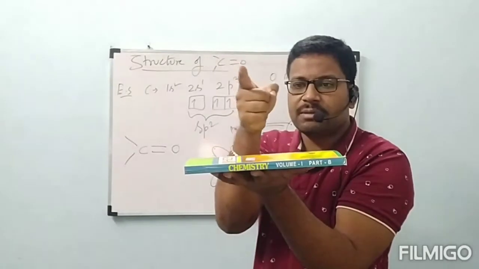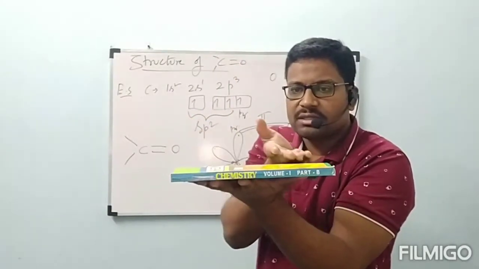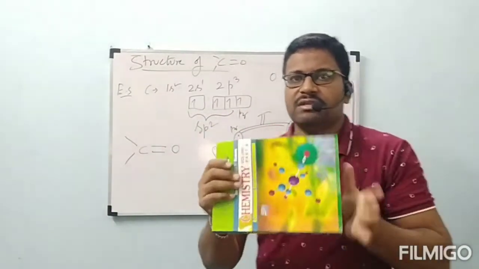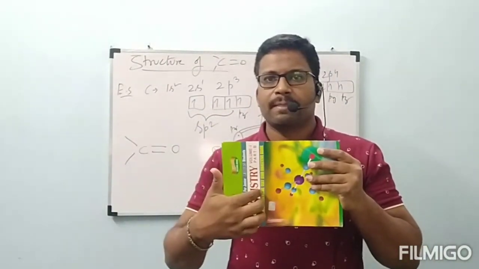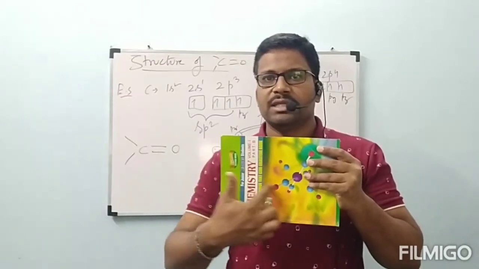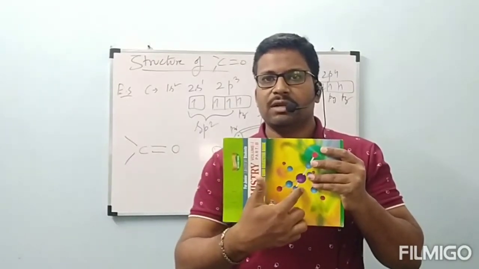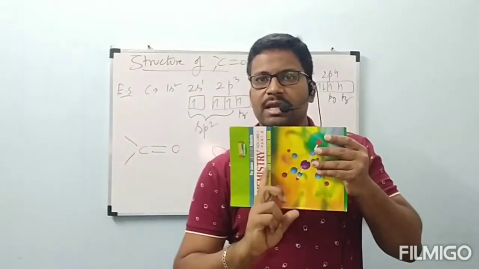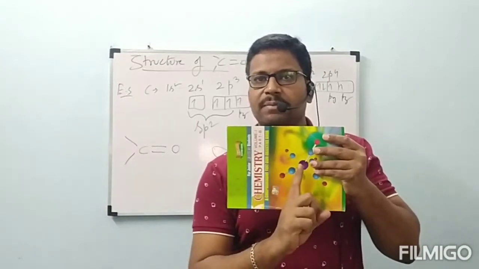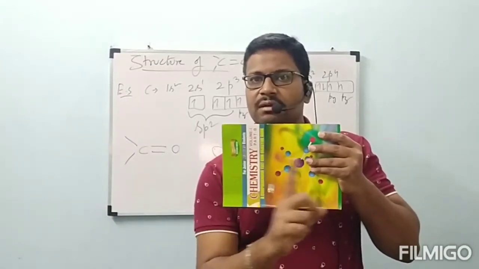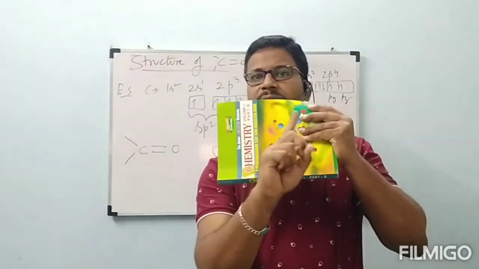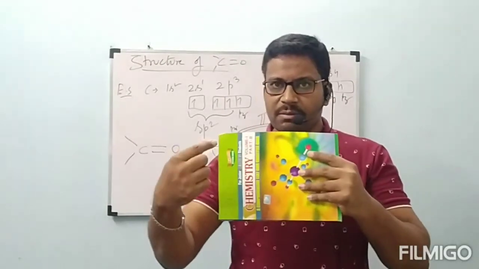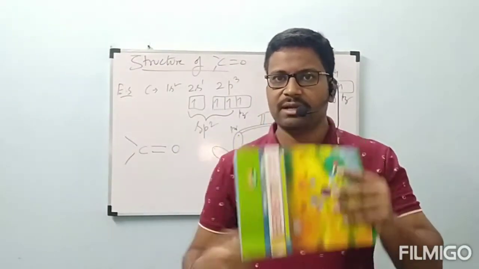The remaining carbon and oxygen bonds are present in the plane. Depending on the electron present, the pi bond will be formed above the plane or below the plane.